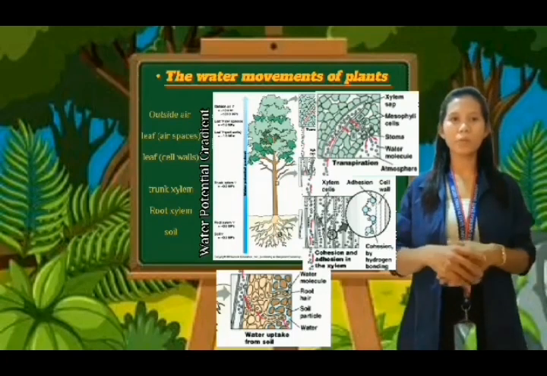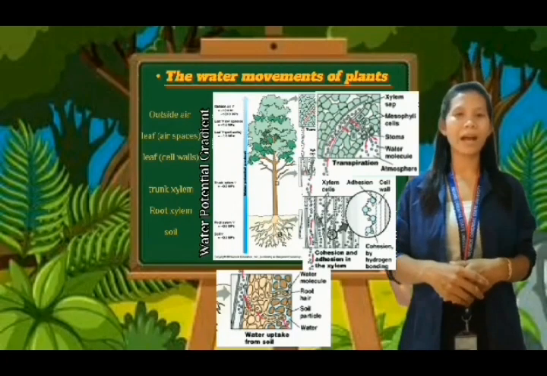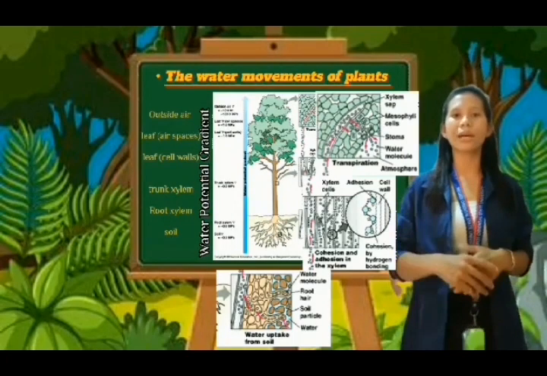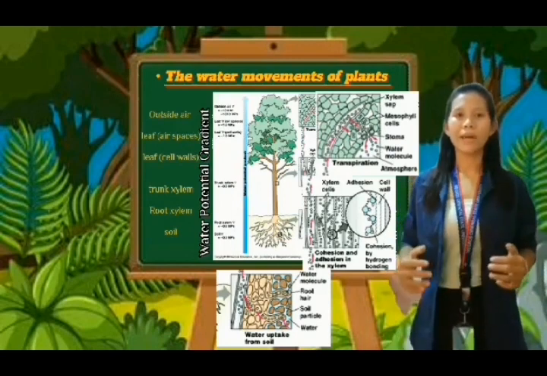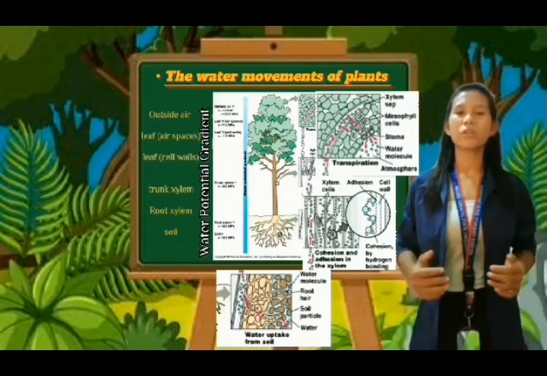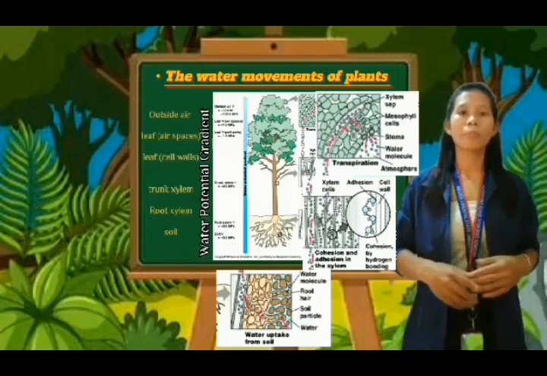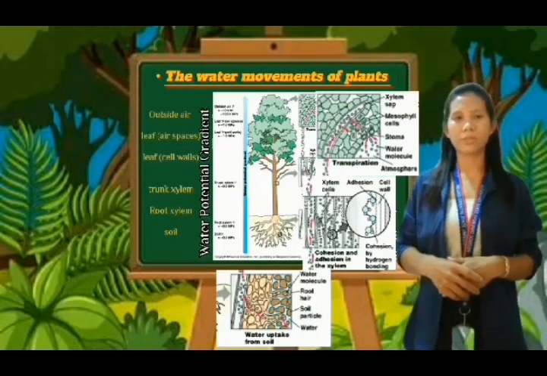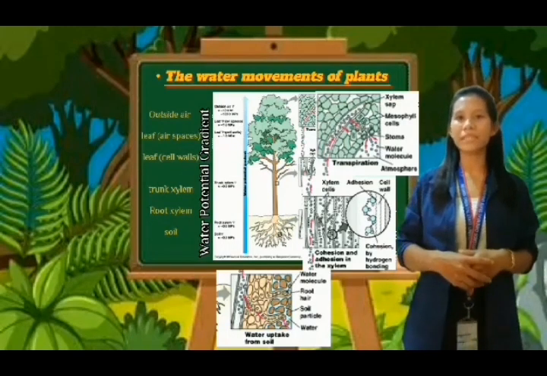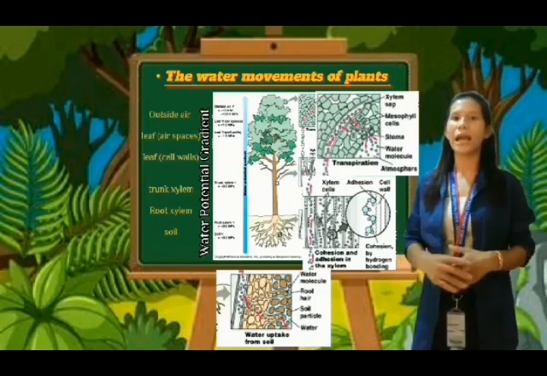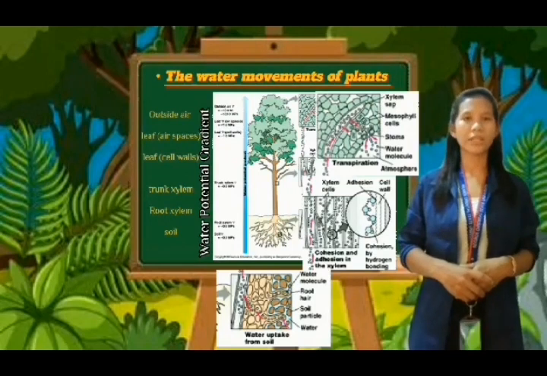The cell's absorption of water must make up for the water lost through the leaves. The movement of water is crucial for absorption of vital mineral nutrients from the soil. Water movement is passively driven by pressure and chemical potential gradients.